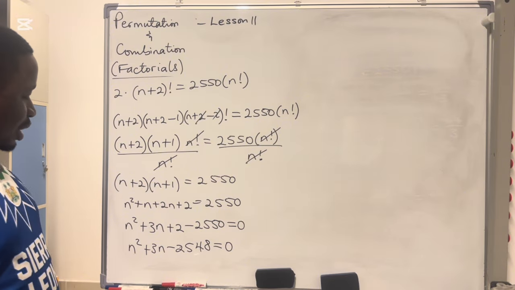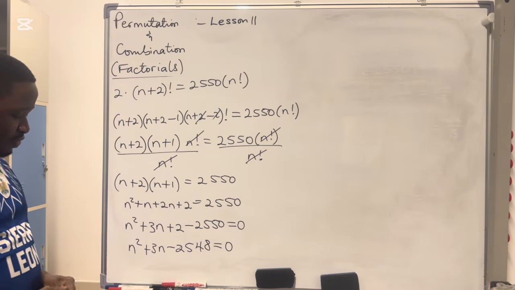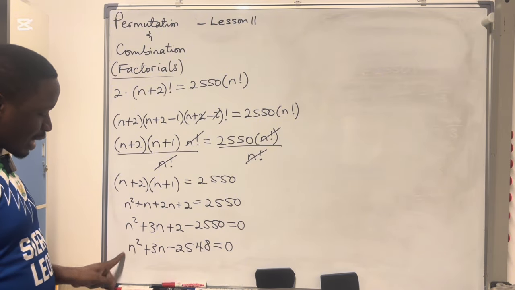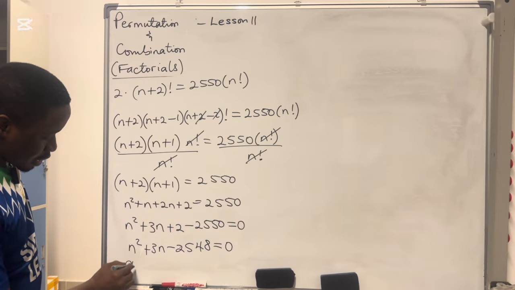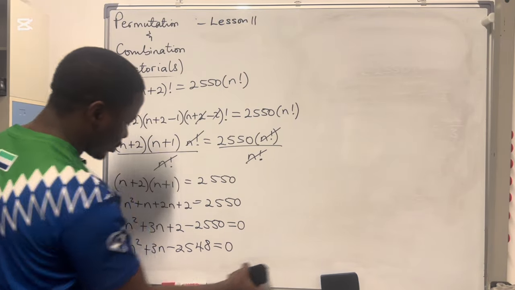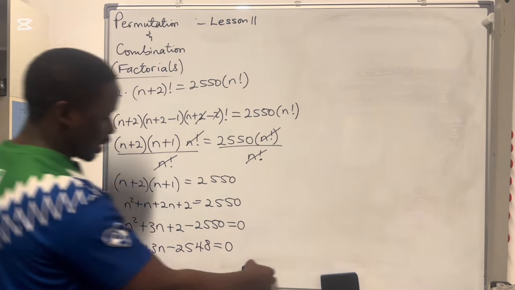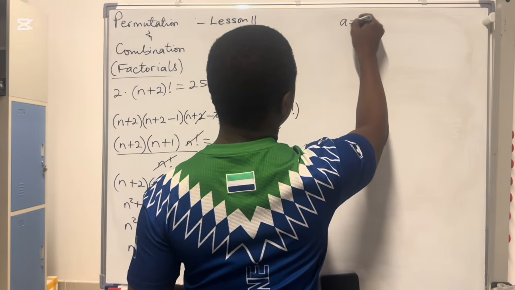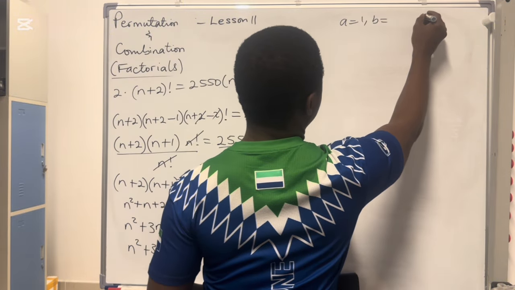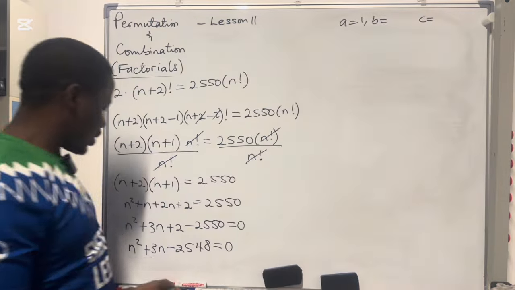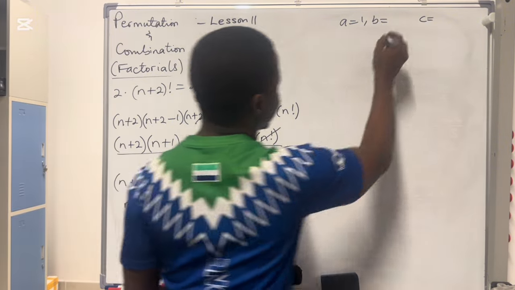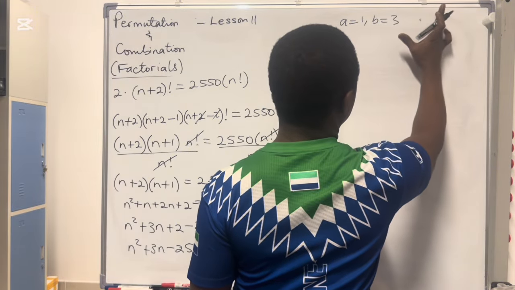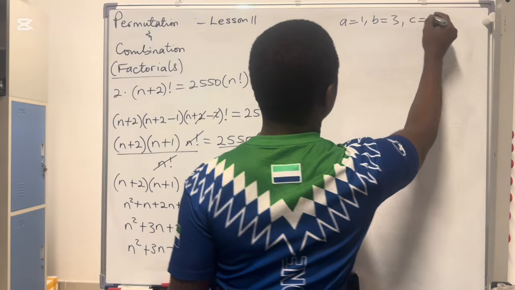Yeah. So using the quadratic formula, the coefficient of the squared term is 1, and that is our A. So meaning A is 1. What is B? B is 3. And what is C?